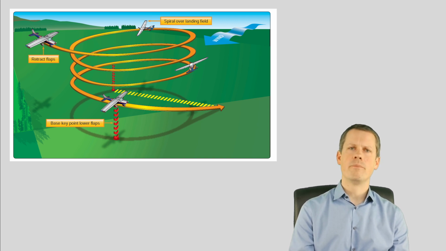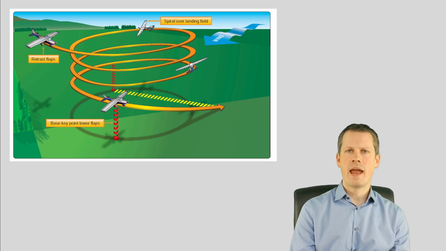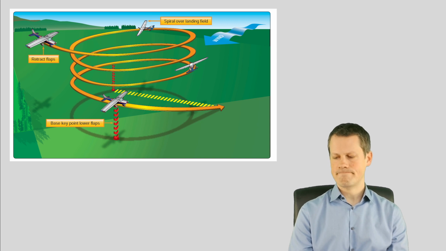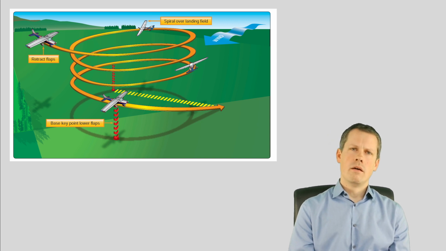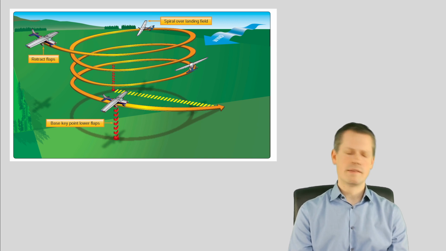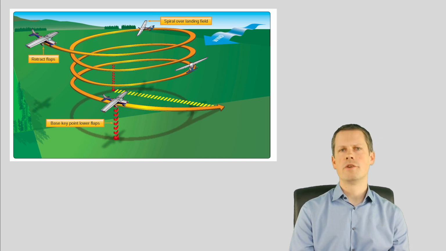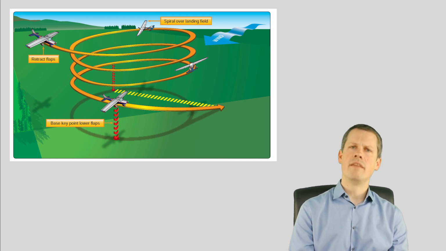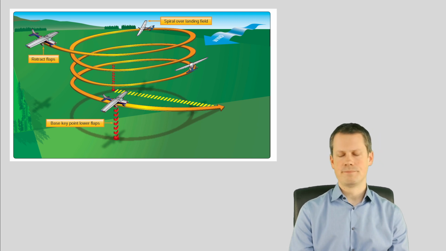And then you can be concerned about the details a bit later on when you can better see all the obstacles and so on in that area, and then pick your specific field. If you're already in the area of your field, so it's right below you, for example, then just stay in this area. Like you can see in the image, spiral over the landing field. Don't fly too far away from it.